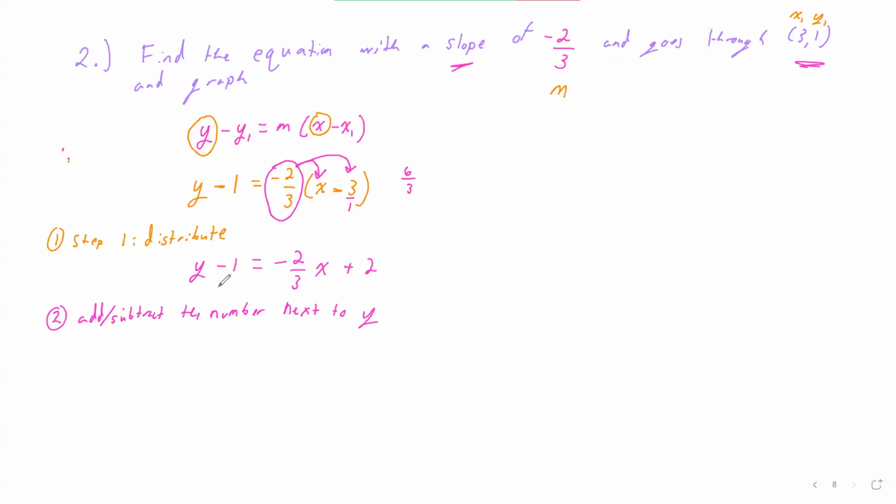I'm going to add 1 only to my other constant. I'm not going to add it to the number that's next to the x. I'm only going to add it to the other number. So that will go away. I'm then left with y equals negative 2/3 x. And what's 2 plus 1? 3. You now have it in the correct equation. And now we're ready to graph it.